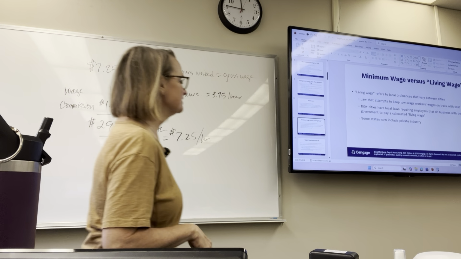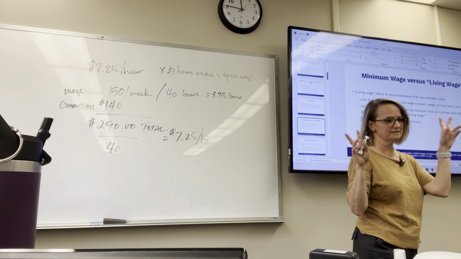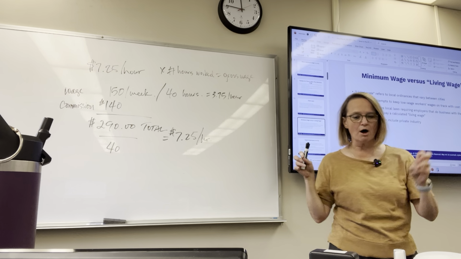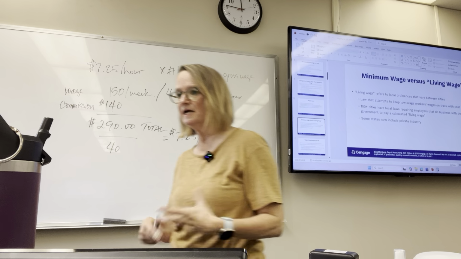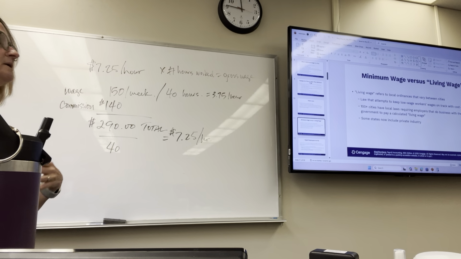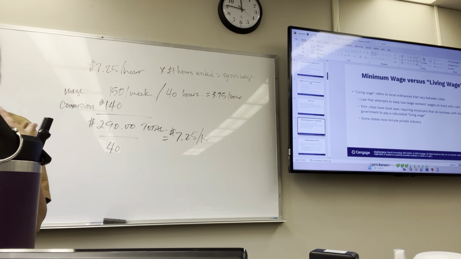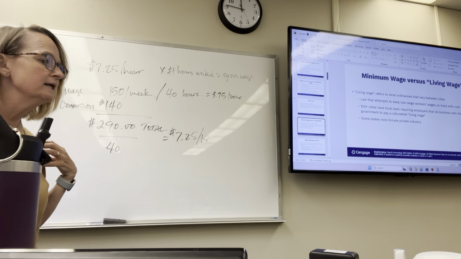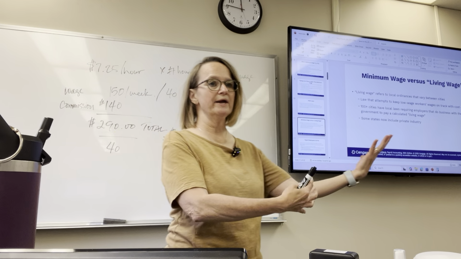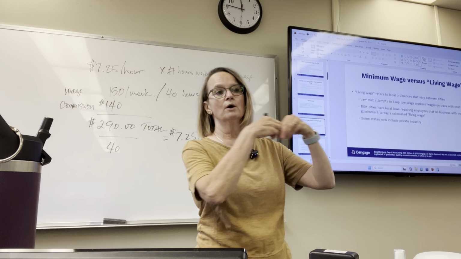I don't really want to talk too much about this living wage thing. Living wage isn't really a law. It's more of a philosophy of having a wage that would cover employees' basic needs. So it's more from the employee perspective of what the employee needs, whereas the minimum wage is set from the employer's perspective: what are the employer's requirements?